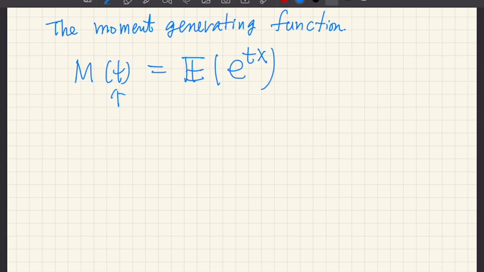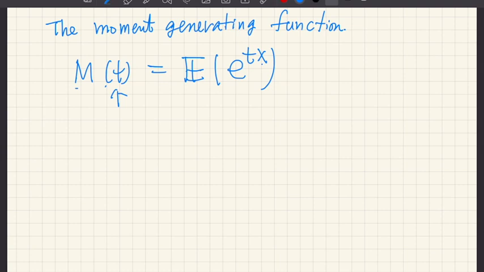Here this t is a parameter and it's the variable of this function m of t, and we multiply it with x and take the exponential of this, and that's the moment generating function.